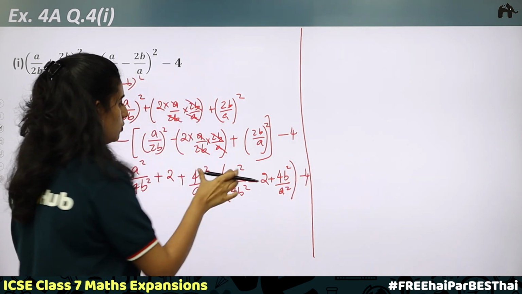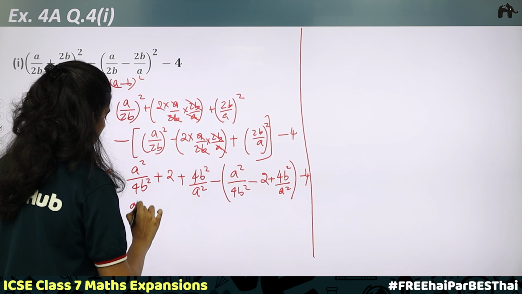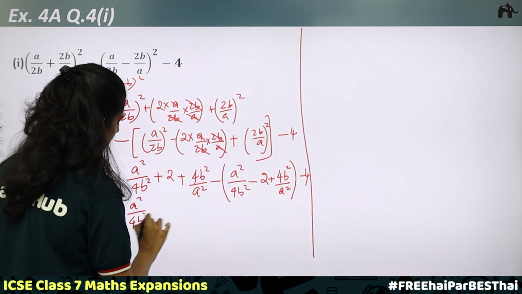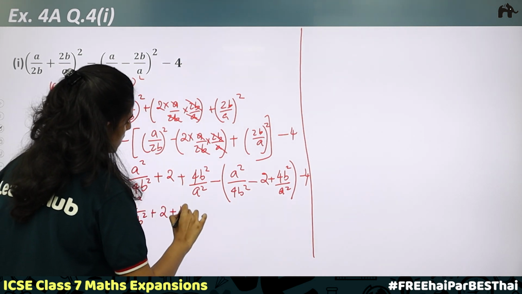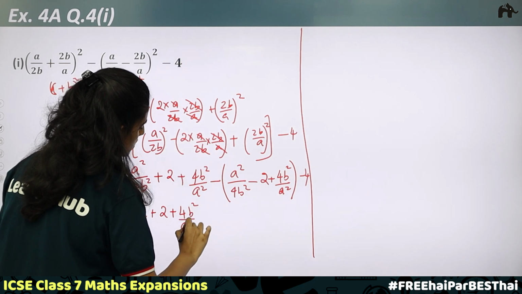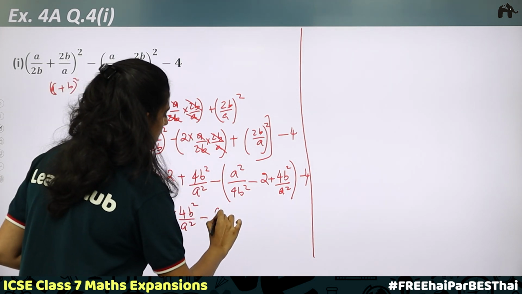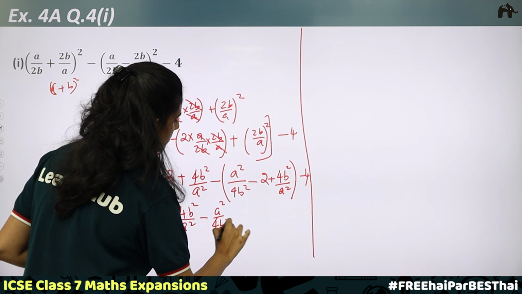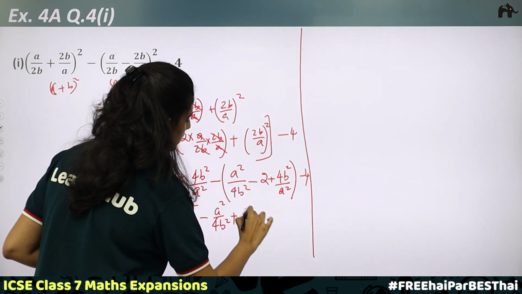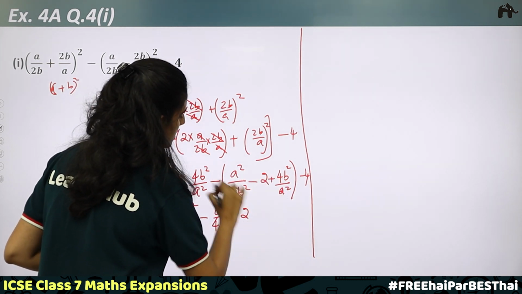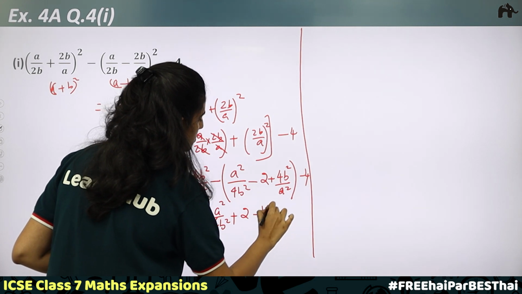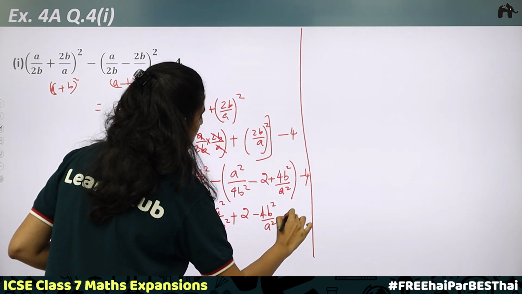Next step we are going to remove the brackets. You will be having A square by 4B square plus 2 plus 4B square by A square minus A square by 4B square, minus of minus plus 2, minus and plus, therefore minus 4B square by A square minus 4.